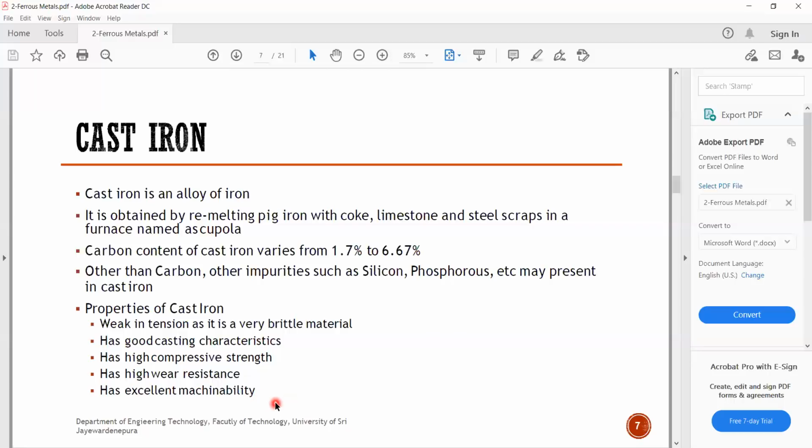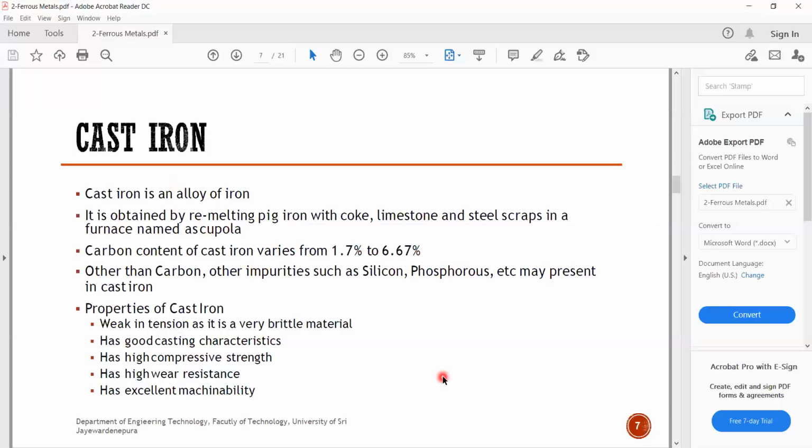The other one, machinability. Excellent machinability means you can use any machining process on the cast iron. So these are the properties of cast iron. Here also you can be asked a question: how can you obtain this cast iron from the iron ore, right?